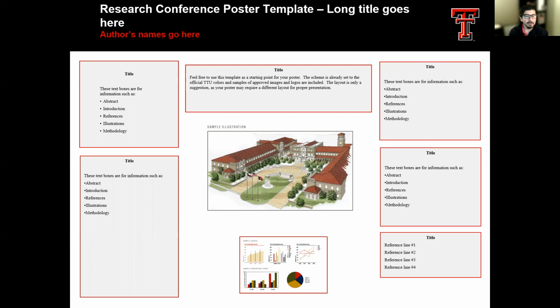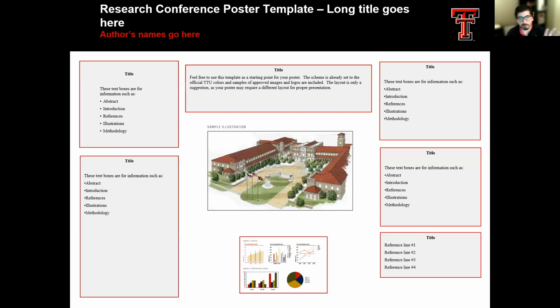So again, looking at this poster, typically what we see in terms of how folks will look at a poster is they tend to start at the top. If you're looking at this poster, you're going to start in that top left-hand box, the box that says title. These text boxes are for information such as abstract, introduction, references, illustrations, methodology.